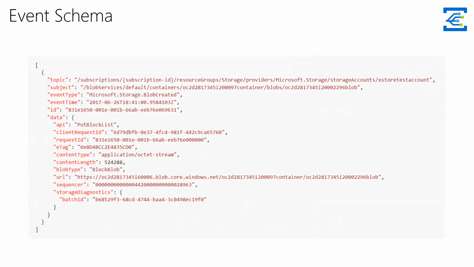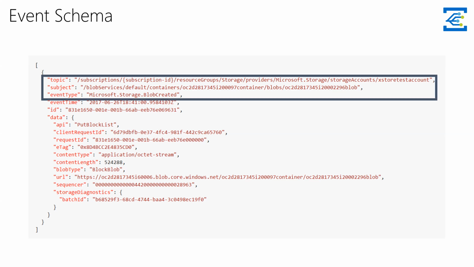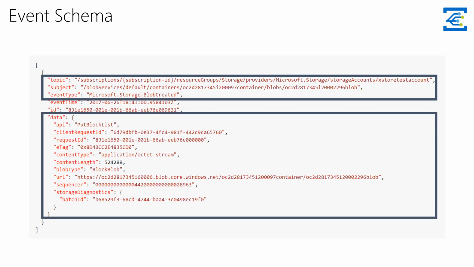Now let's have a look at an example of an Event Grid message, or Event Grid event. Okay, while it's JSON and JSON is schemaless, there is a certain structure. For example, there's topic, subject, and event type. Event type is extremely important because it uniquely identifies the type of event that is coming in, to allow processing. The other mandatory block is the data block, which is all the data required to be able to process that event.